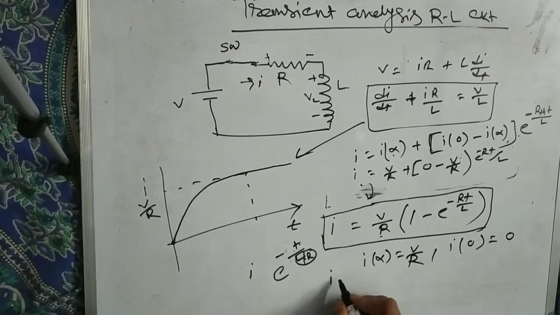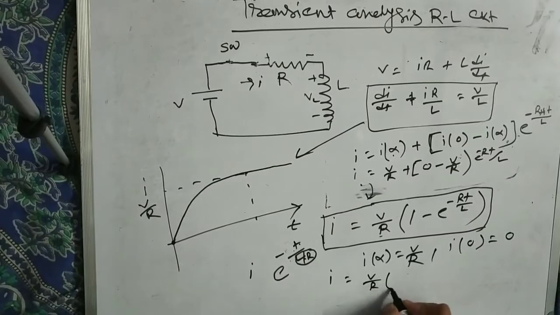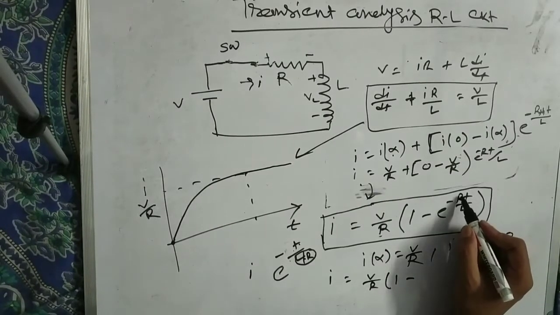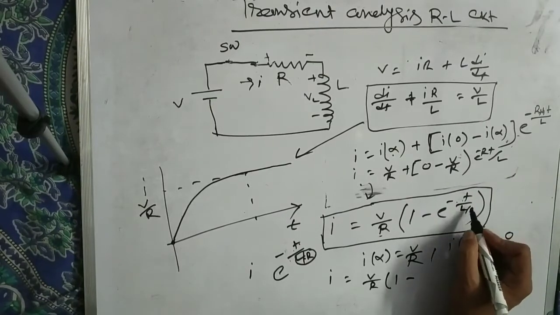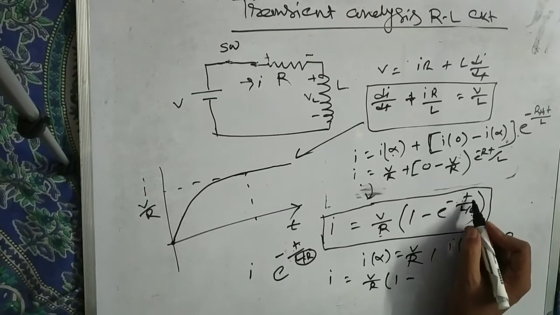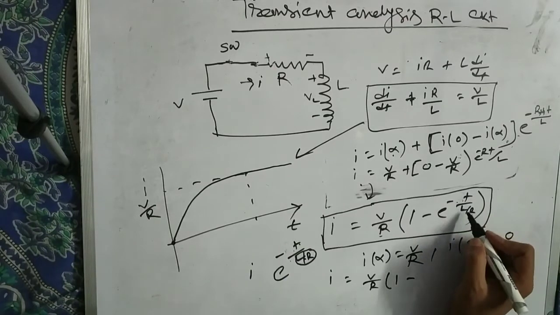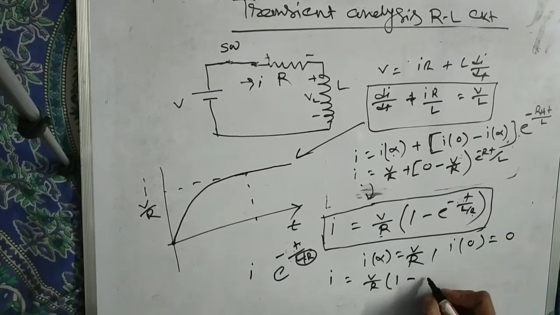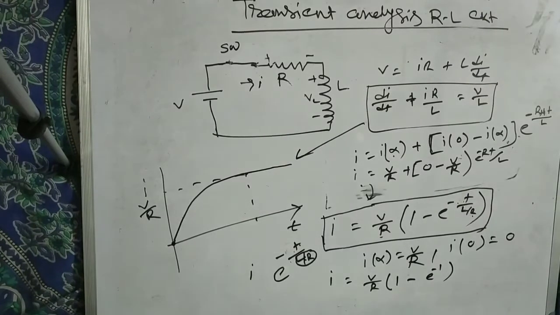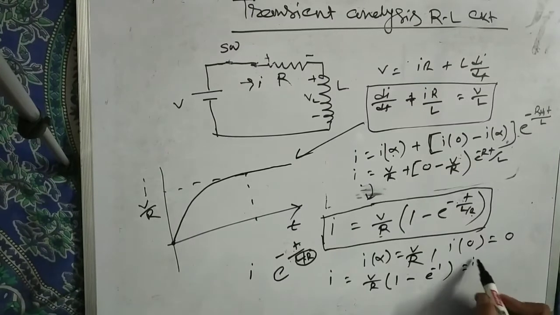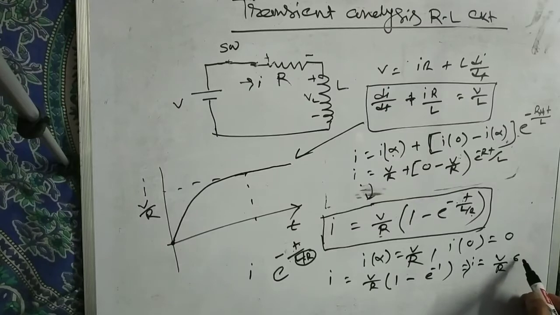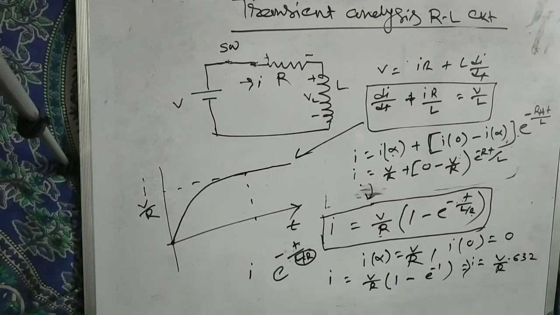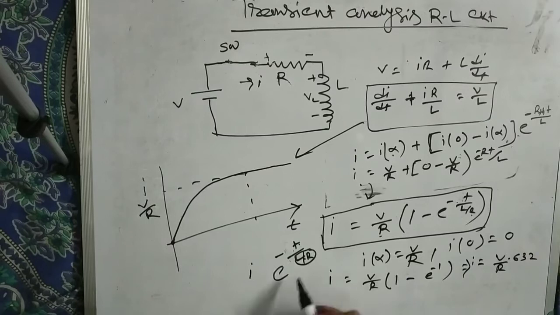I equal to V by R into 1 minus e to the power minus t by (L by R). Whatever value of t, if L by R equals t, then what will happen? E to the power minus 1. So V by R into 1 minus e to the power minus 1. If you calculate it, you will get I equal to V by R into 0.632.